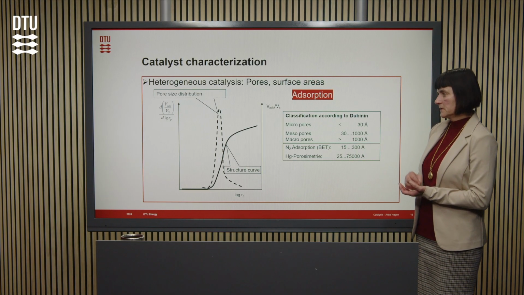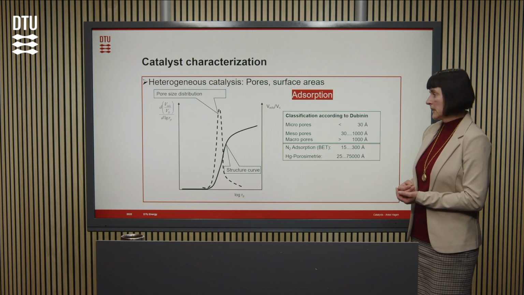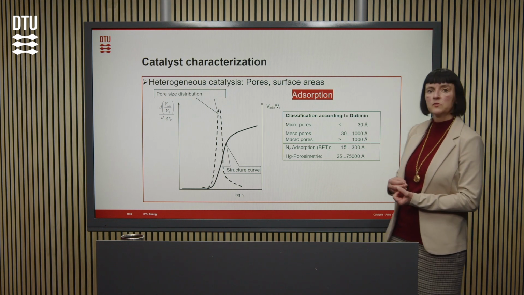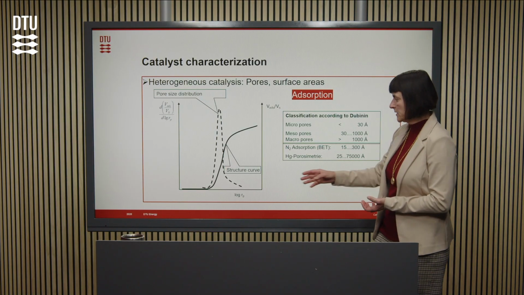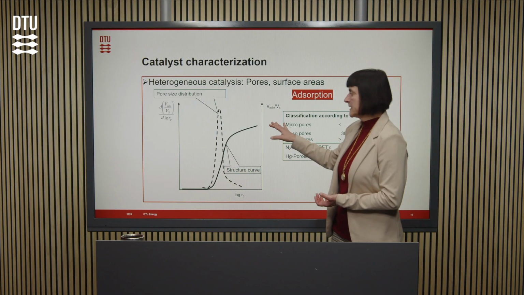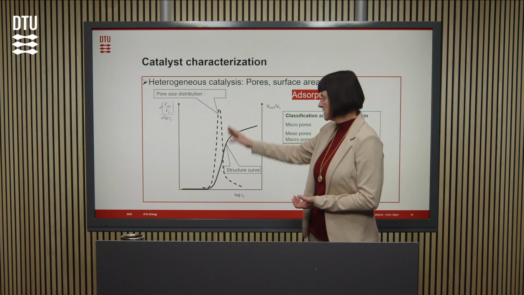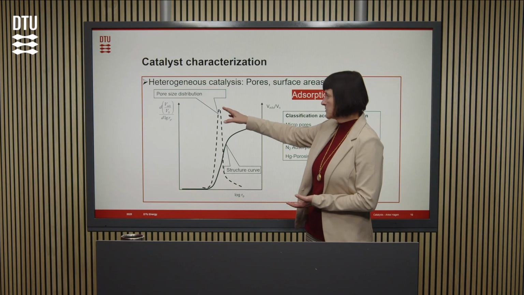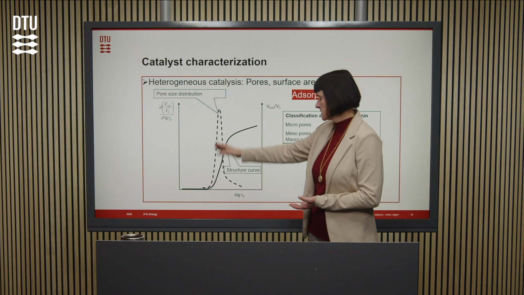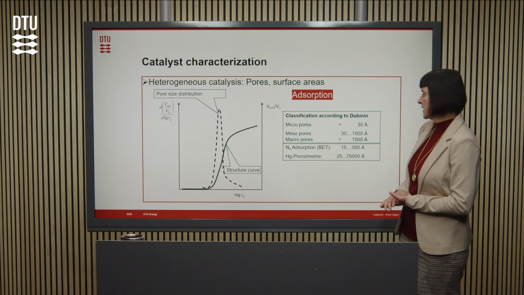That can either be a specific or a non-specific one. And then we measure how much was adsorbed at a certain concentration or pressure, and we get a signal which we can translate here. It's a pore size distribution measurement: most of this probe molecule was adsorbed at this specific pore size.